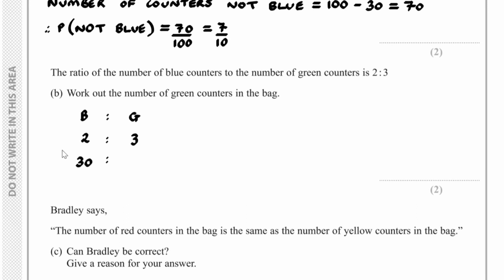So if 30 counters are blue, from 2 to 30 we times by 15. So I also have to multiply the 3 by 15. And if I do that, I get 45. So we have 45 green counters.